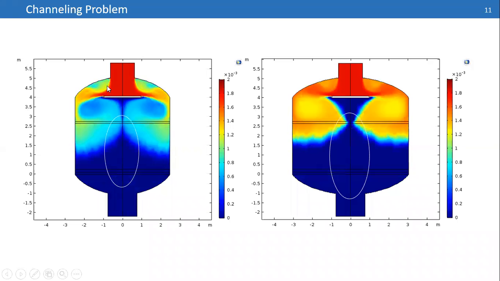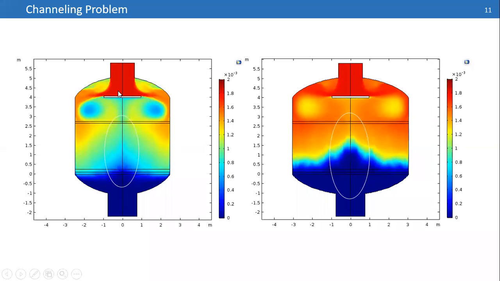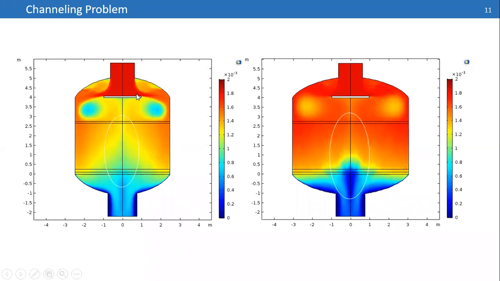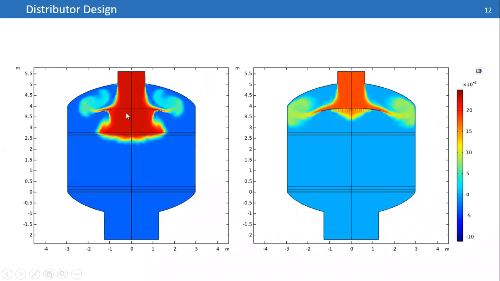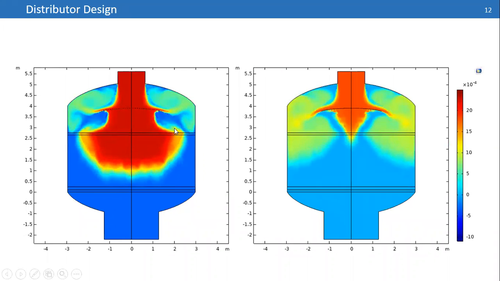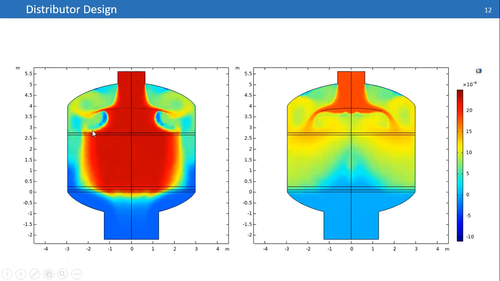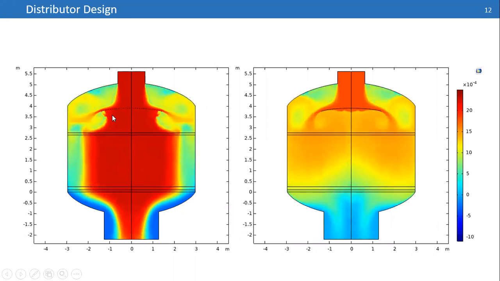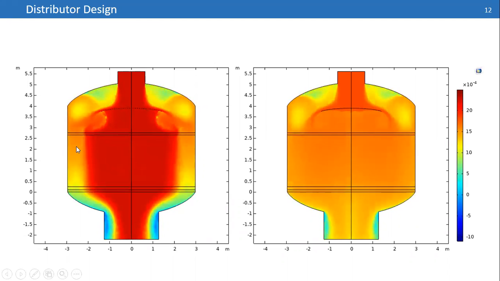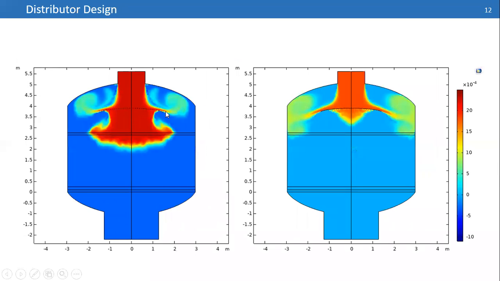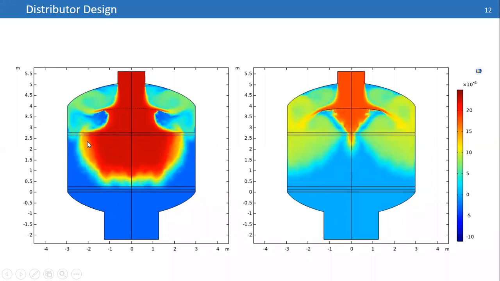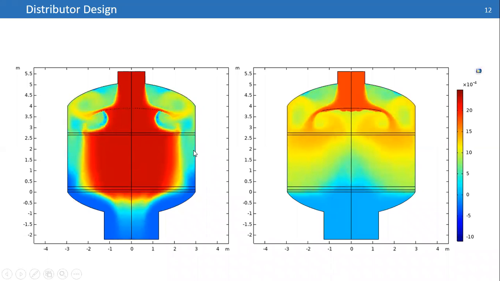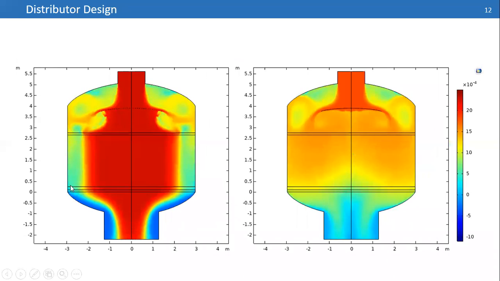As I said, here is the problem of channeling. What is the problem? It's the distributor. For example, you can design your distributor in different shapes. Okay, I'm going to solve the problem, how I can change the behavior of the fluid. But here you can see that if I design it like adding some holes inside the bed and giving that a little bit of curvature, it causes losing some side parts of the bed.